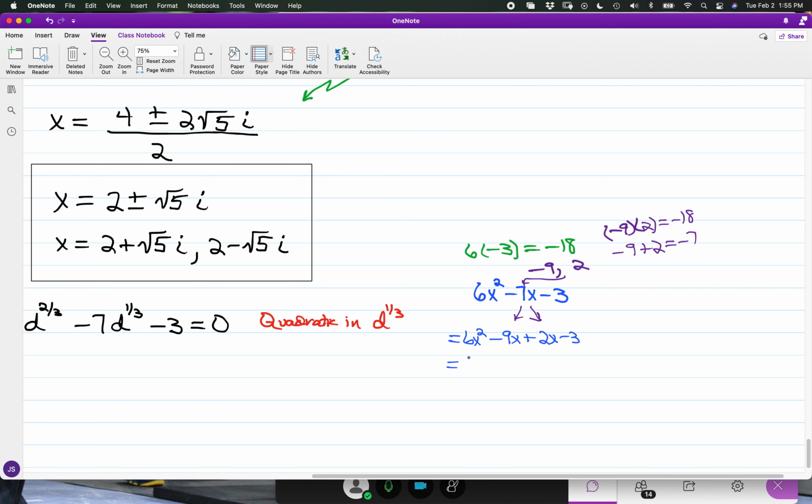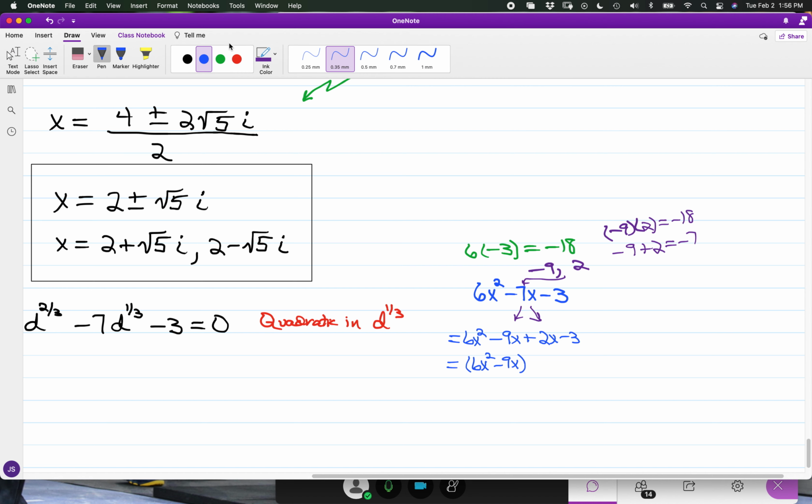Looking at factoring by grouping, I have the operation of addition in the middle, and here I have the quantity of 2x minus 3.